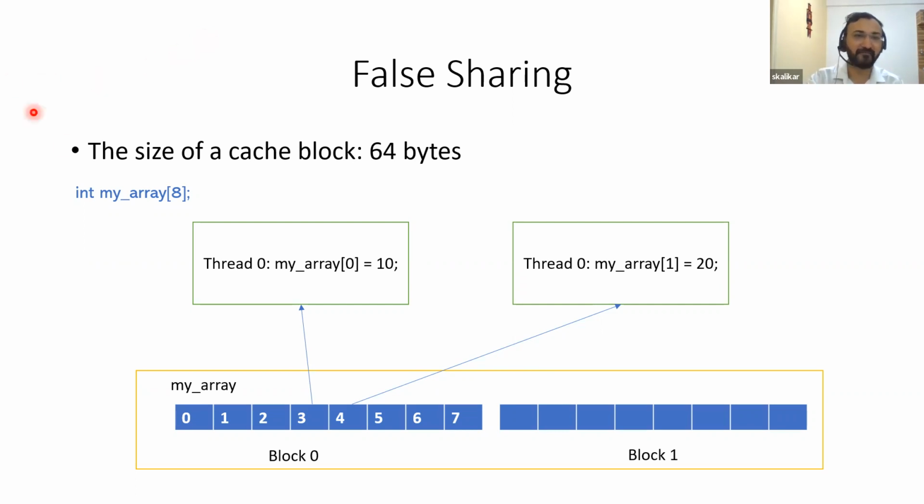So consider you have an array. By the way, the cache block size is 64 bytes in all general CPUs these days. 64 bytes means you can fit only 8 variables of size 8 bytes. So in this case, if you have an int array of 8, suppose this int has 8 bytes or even 4 bytes, it's also fine. It's still the same block.